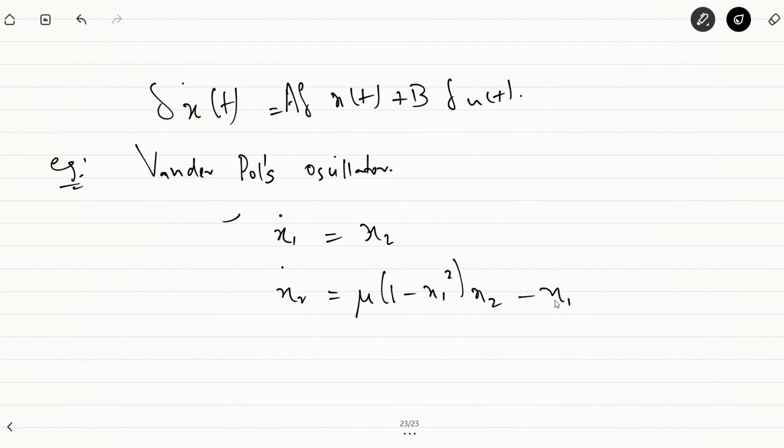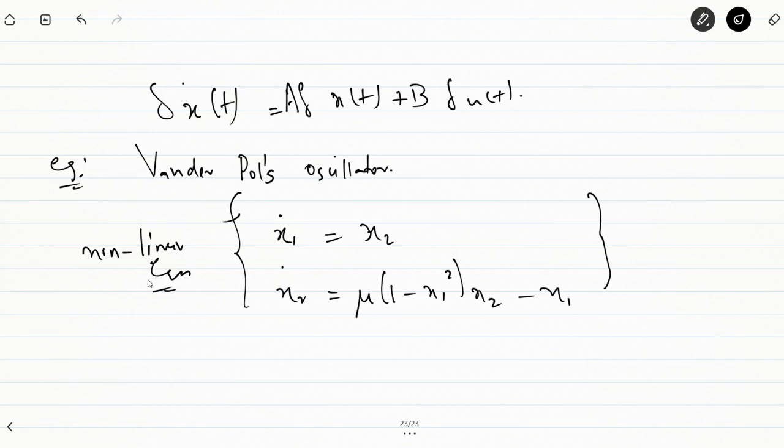Okay. So there are two equations, where mu is the coefficient of this oscillation, and x1 dot and x2 dot represent the mathematical model of the system. So this is now a non-linear model of the system. This is the non-linear equation of this particular system.